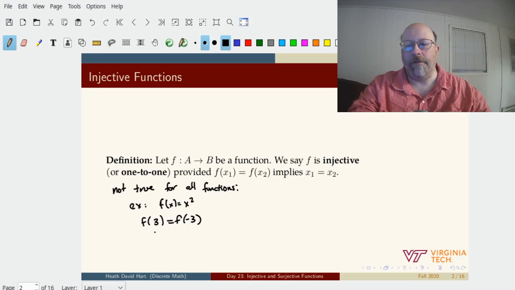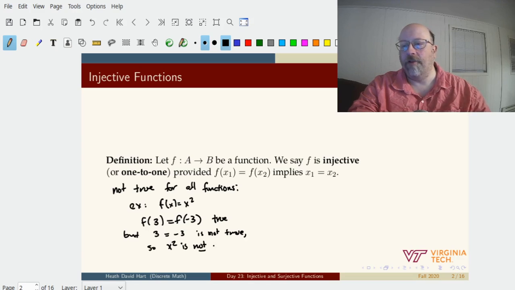And this is true, but 3 equals negative 3 is not. And so x squared is not an injective function.